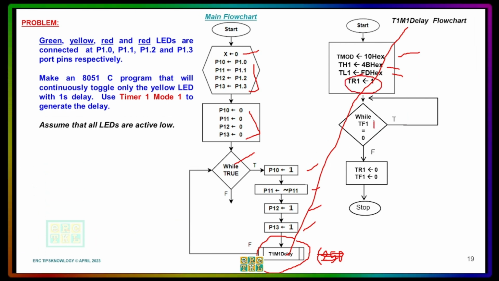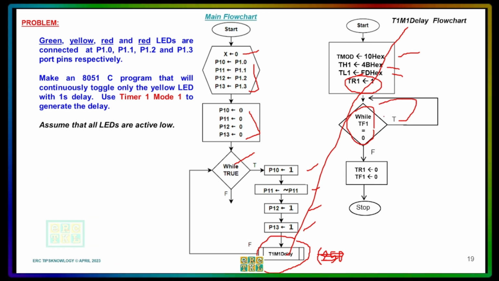And while the timer flag of timer 1 is still equal to 0, then it will just go back and do nothing. The value of the timer flag depends on the automatic assignment done by the microcontroller. While it is not yet done, it's really 0. And if it is done with the delay, then it will automatically put 1 on the timer flag.